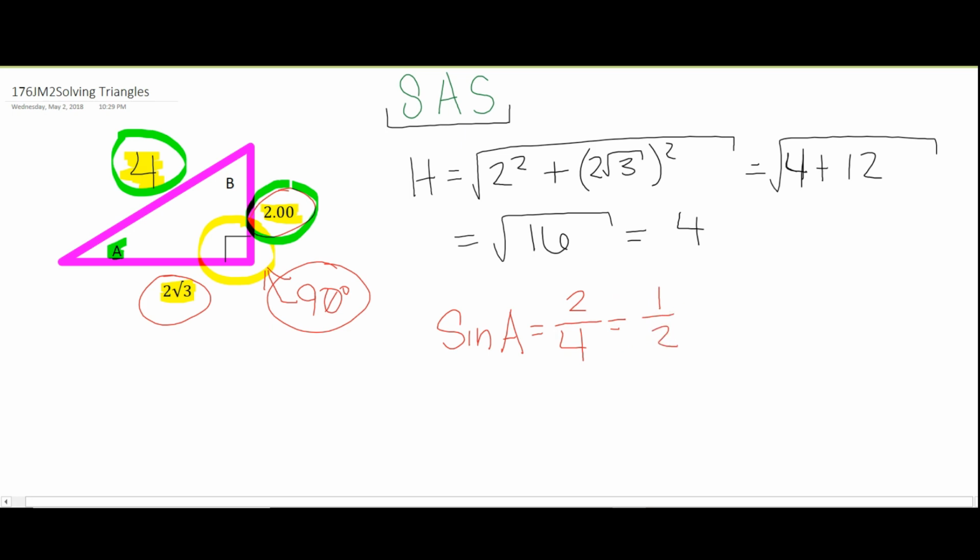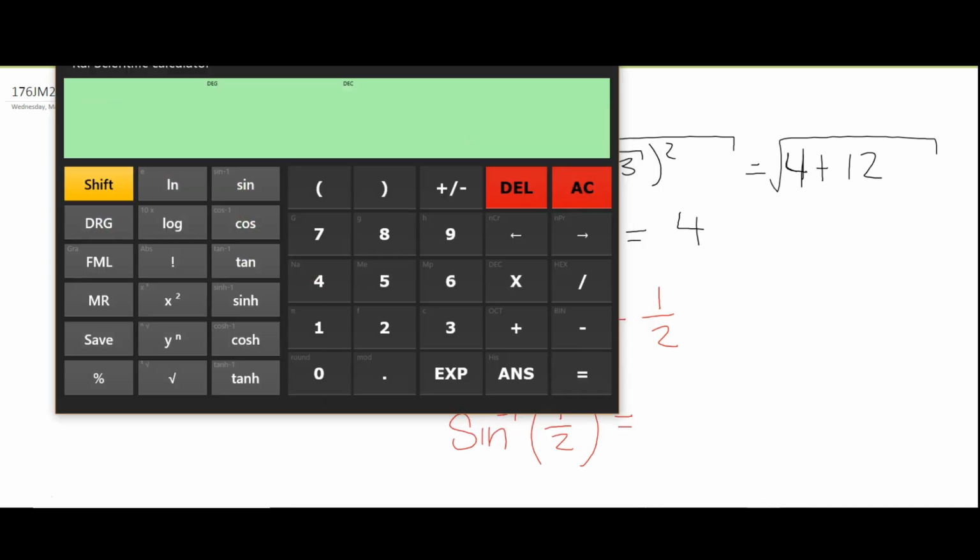To solve for angle A, what we learned from the last module is that we need to use the inverse function. So I'll do the inverse sine of the ratio, which is 1/2, to find out what the angle is. Now, some of you might know this by heart, but I'm going to go to my calculator and do the inverse sine of 1/2.